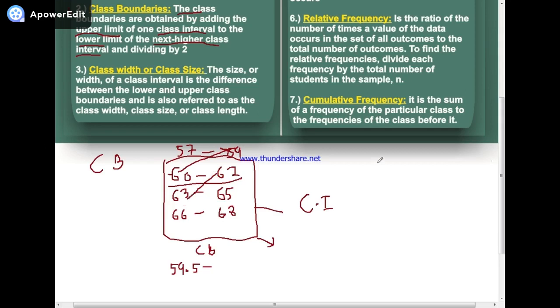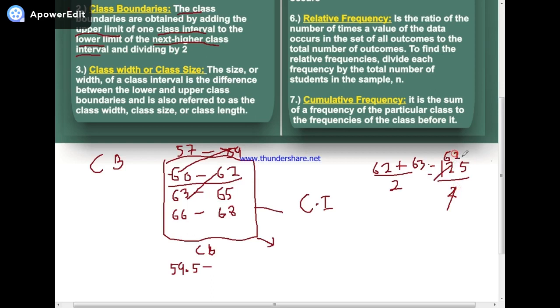So that will be what? 62 plus 63 divided by 2, and that will give you what? That will give you 125. Now 125 divided by 2 will give you what? 2 in 12 is 6, and 2 in 5 is 2.